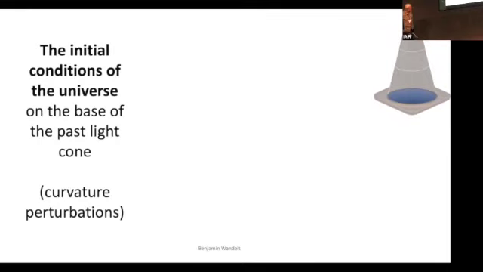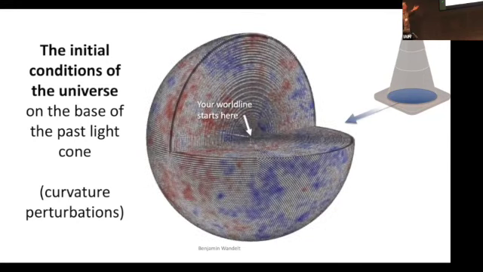So these initial conditions there at the base of the past light cone, these curvature perturbations, actually are in 3D. So this ball of fluctuations determines everything that happens in the universe throughout all of history. Everything can be predicted based on that plus physics. So your world line starts in the middle. Sorry.